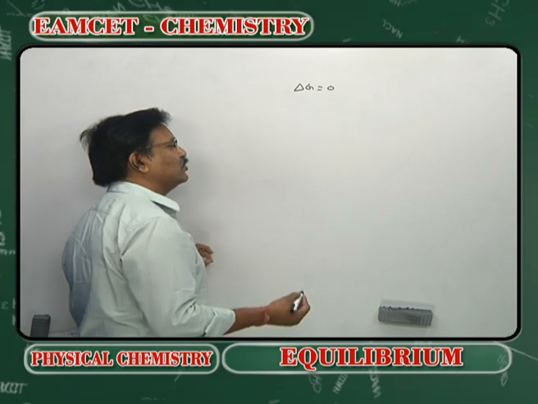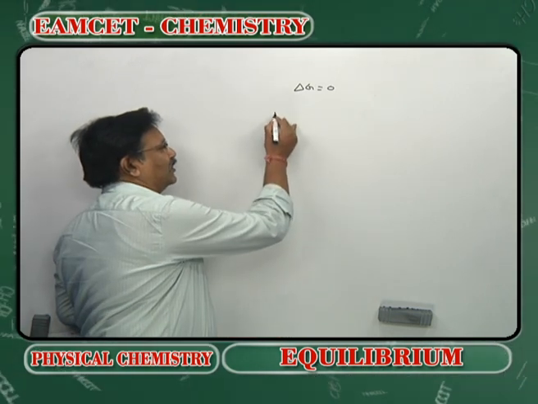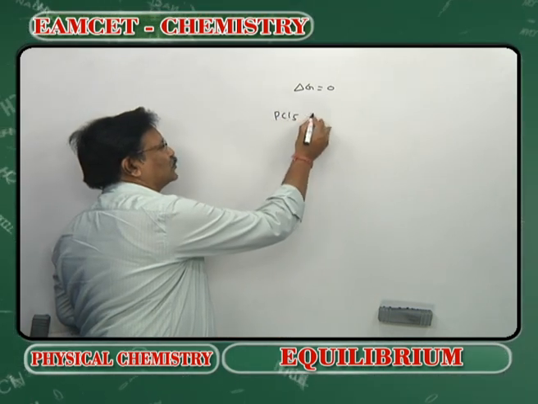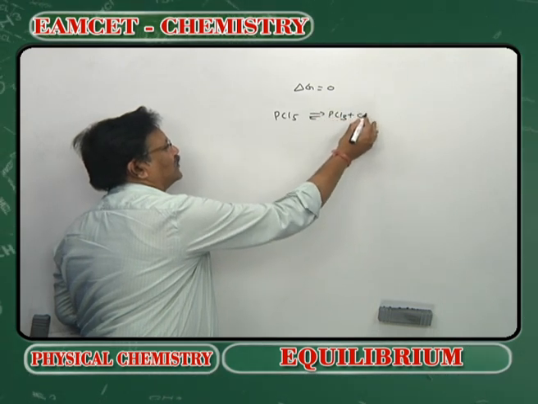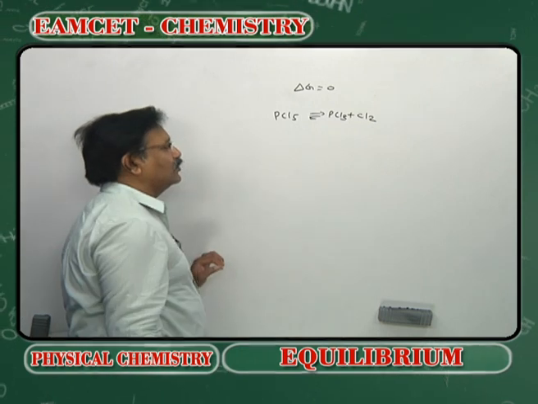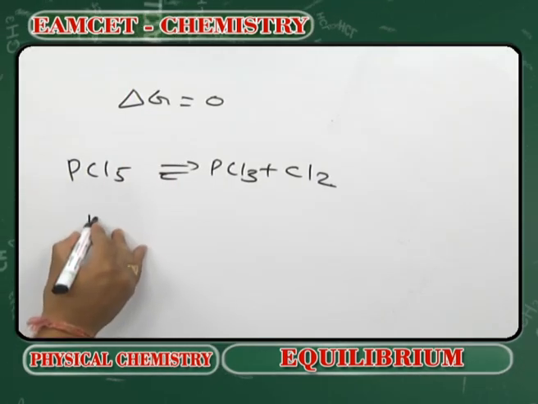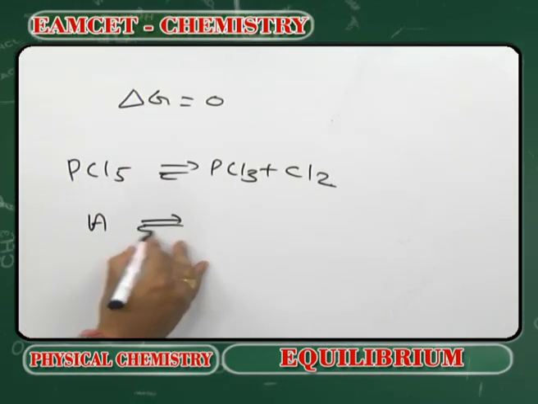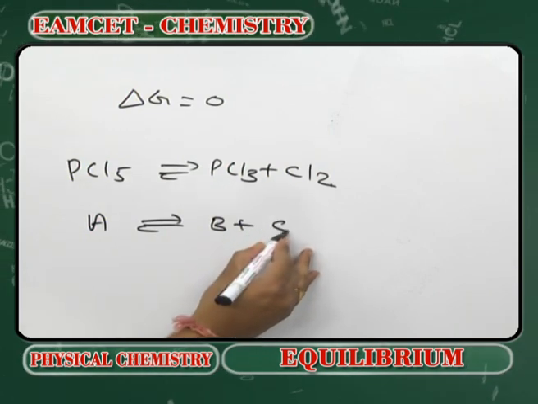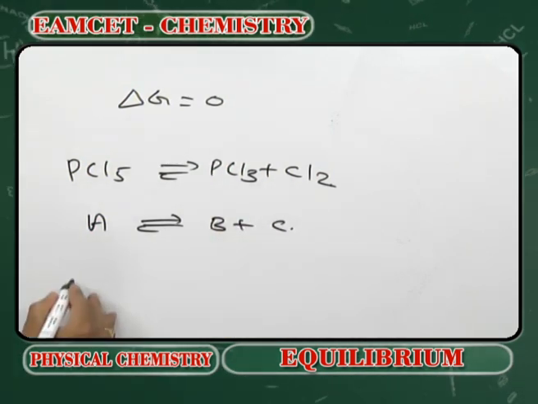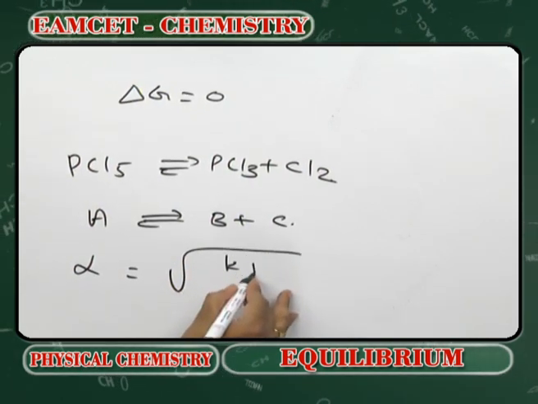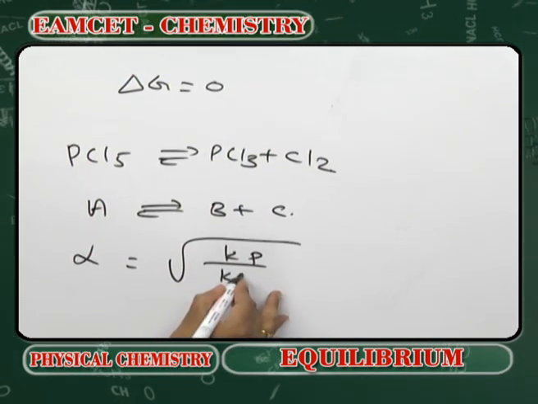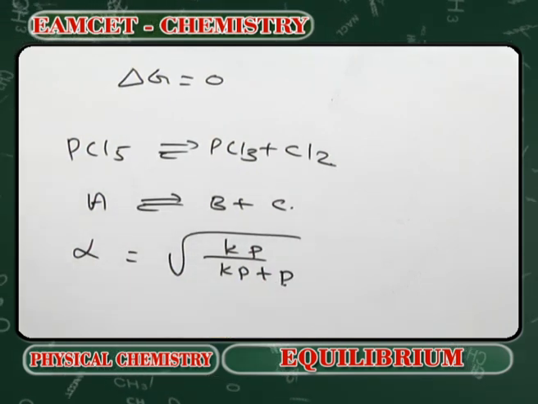Let us consider two important equilibria. PCl5 gives PCl3 plus Cl2. This is the type A gives B plus C. For this, alpha value is equal to root of Kp by Kp plus P. What does alpha stand for?